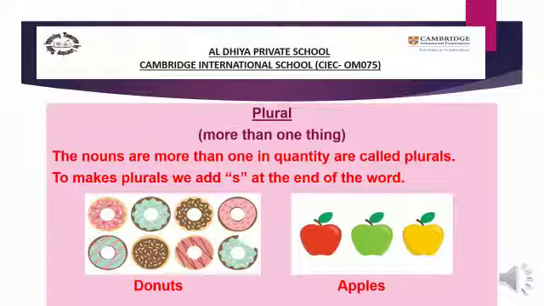I add s at the end of the word because they are more in quantity. And look at picture number 2, apples. They are also more in quantity. There are 3 apples, so I add s, and by adding s we make it plural, because they are in more quantity.